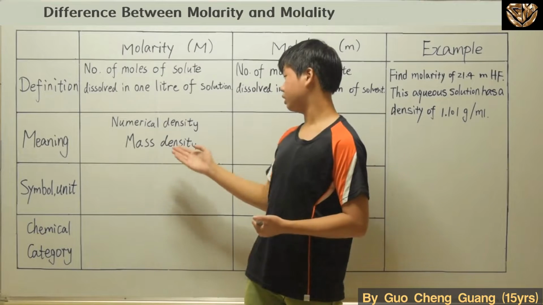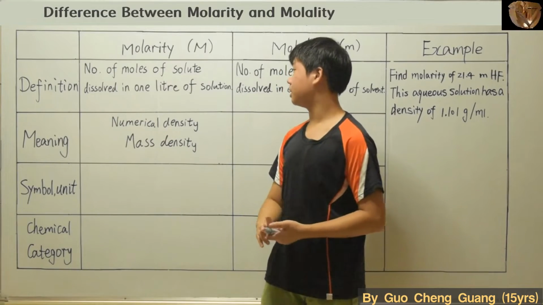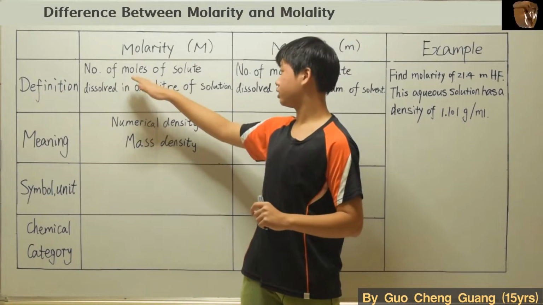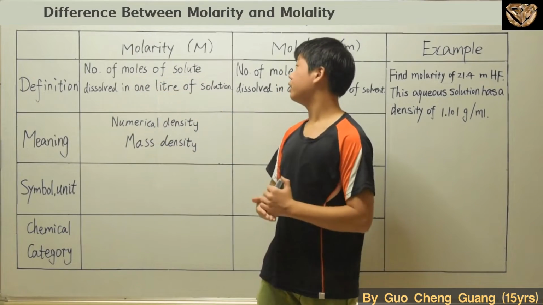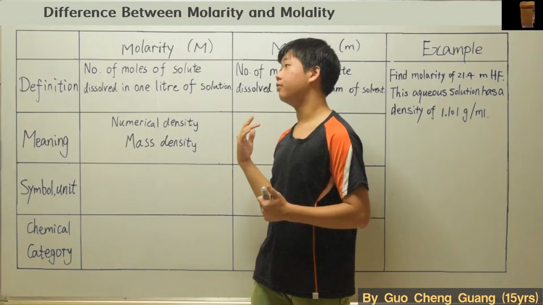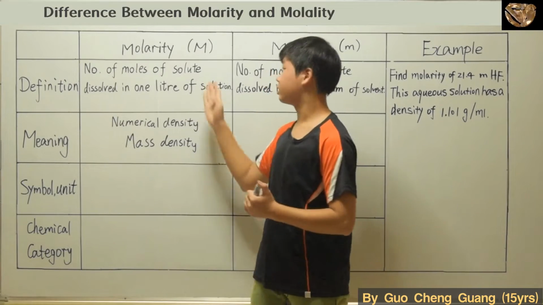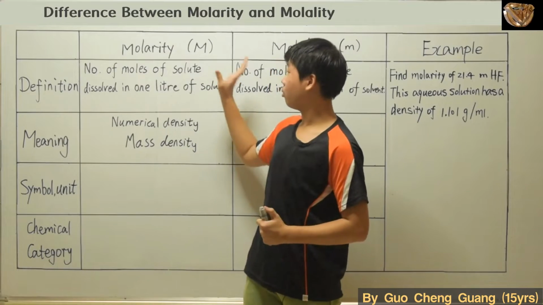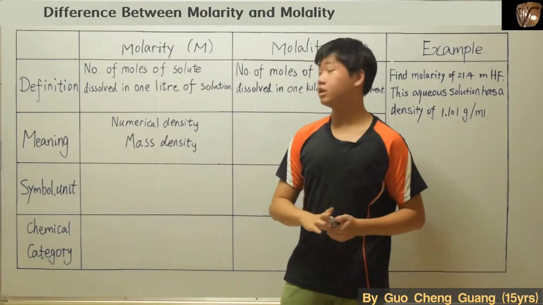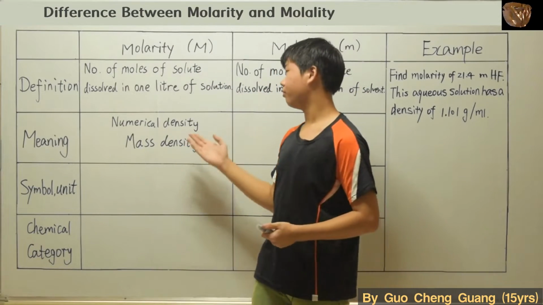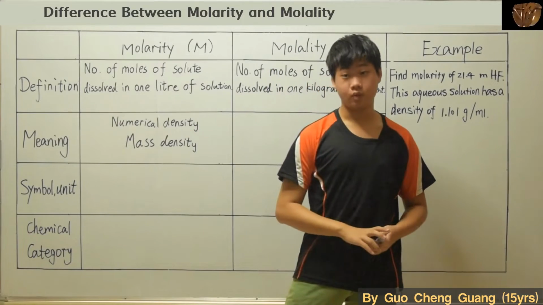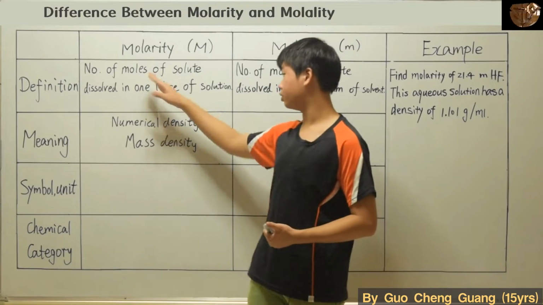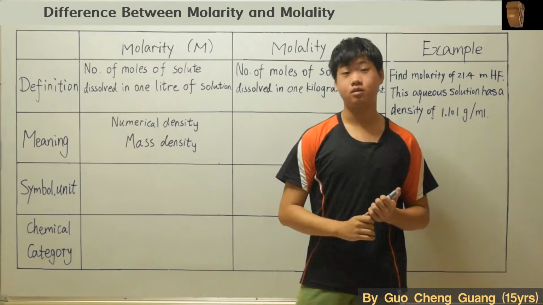So this mass density has become, in that volume of solution, what mass of it is solute, alright? So for molarity, you can understand it in these two different ways, depending on what you get. Of course, sometimes it is the number of moles, sometimes it is the mass.